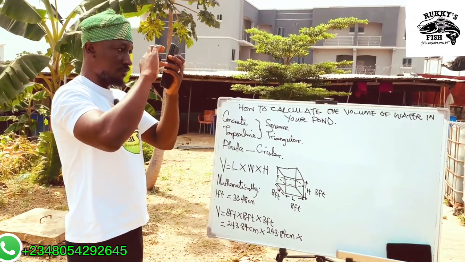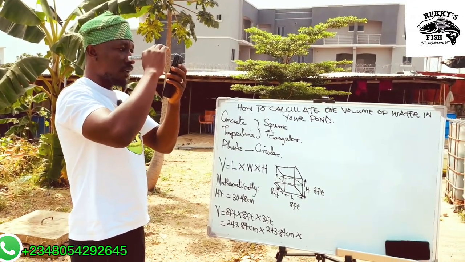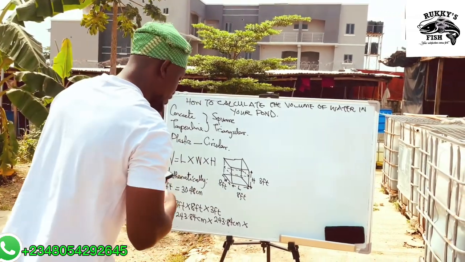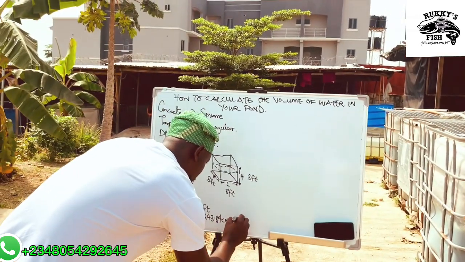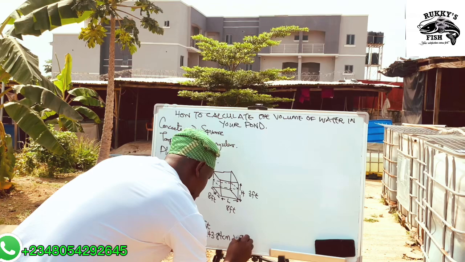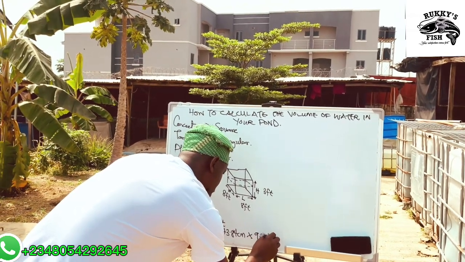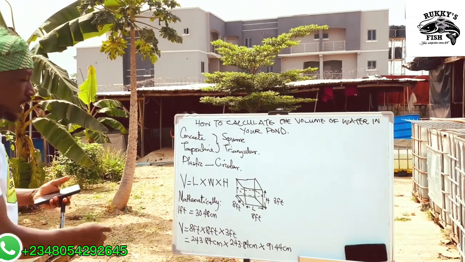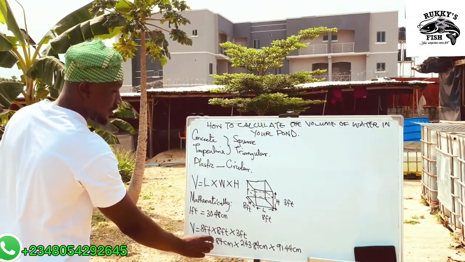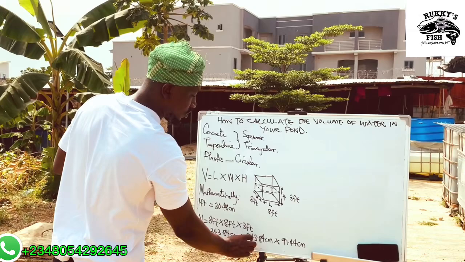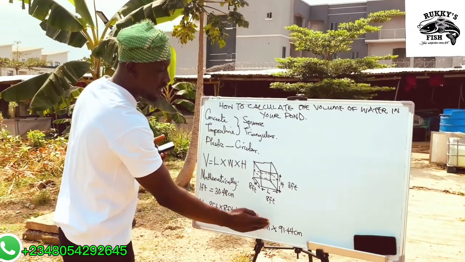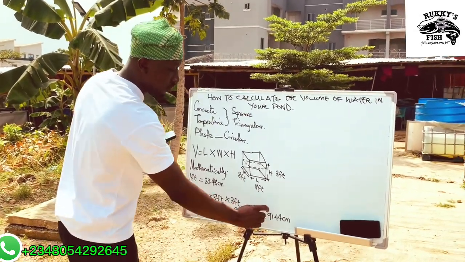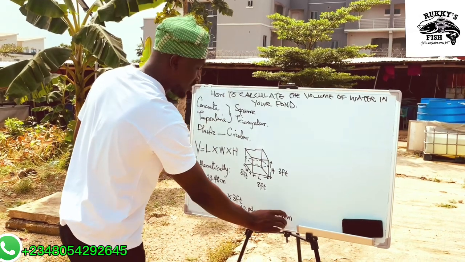So we go this way, 91.44 centimeters. So this is it. We have 243.84 centimeters multiplied by 243.84 centimeters multiplied by the height, which is 91.44 centimeters.